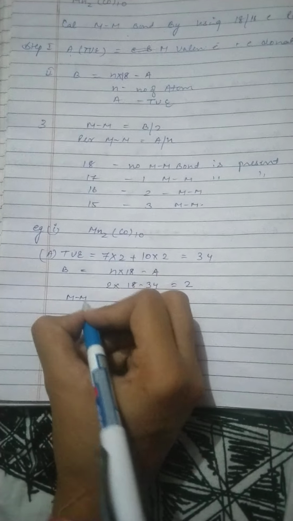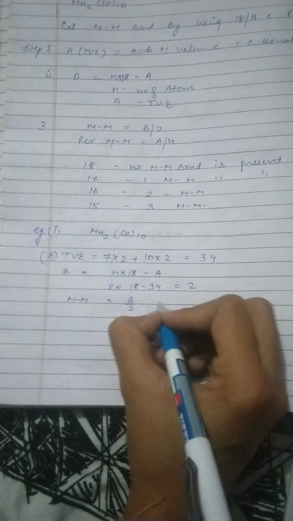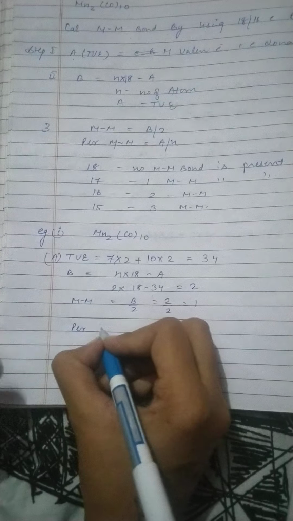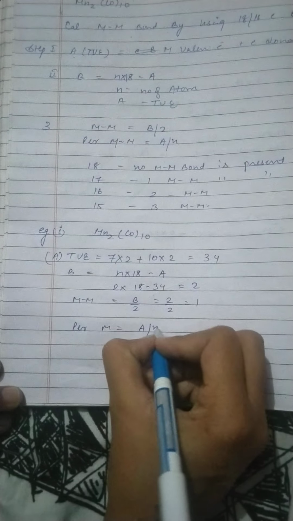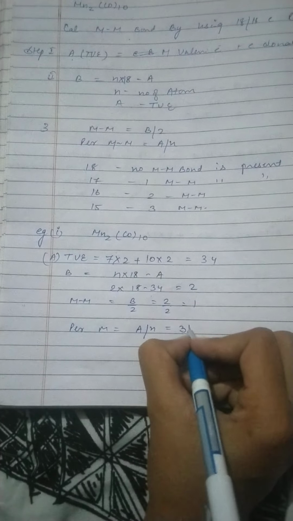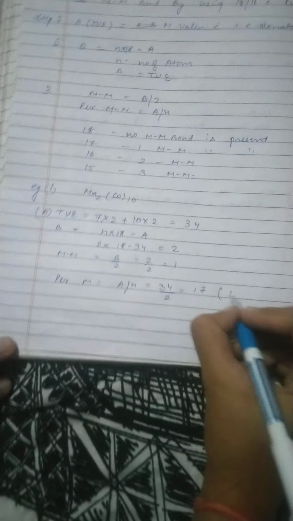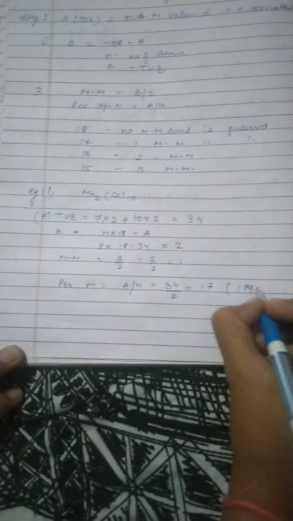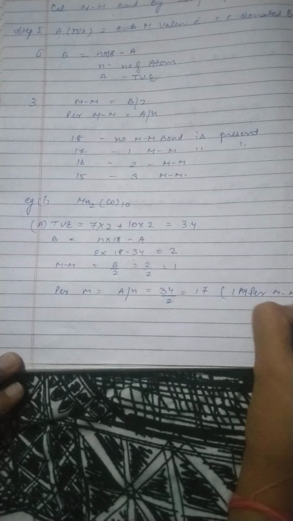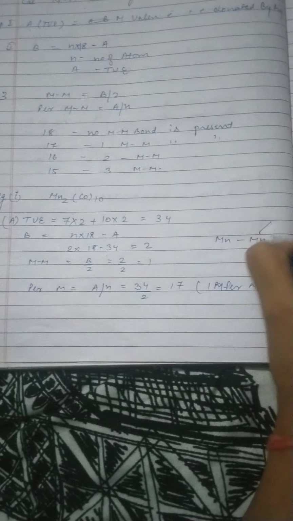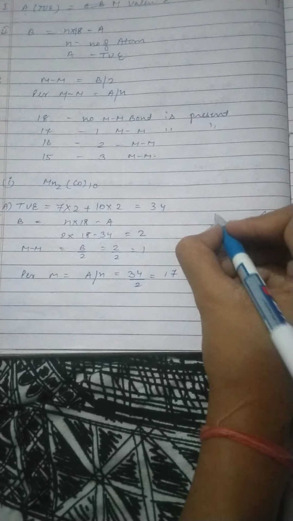Metal bond is equal to B by 2, so 2 by 2 is equal to 1, and per metal bond is equal to A by N, which is 34 by 2, equal to 17. So 1 metal bond is present. If we draw its structure, there are two Mn metals and equally distributed carbonyl ligands.